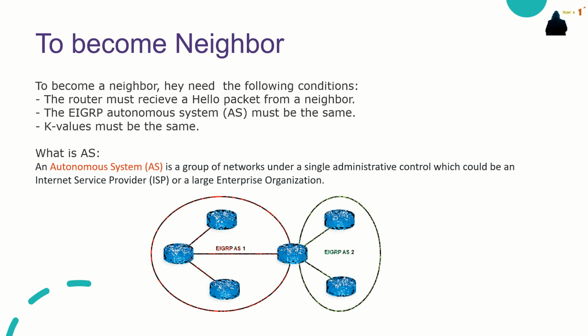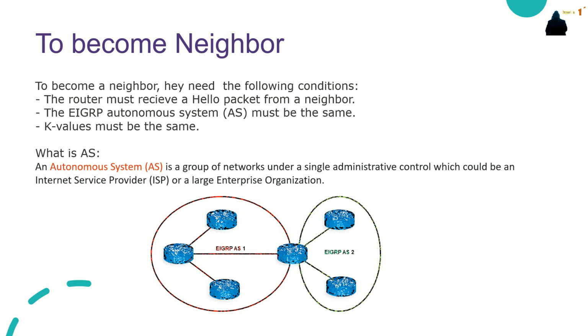In the second step, the EIGRP autonomous system must be the same. And also K values must be the same. But what is AS? What are K values?